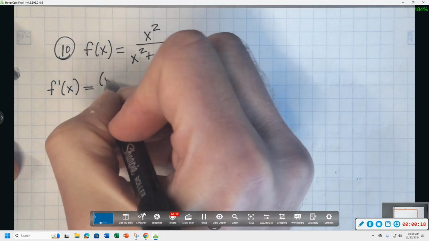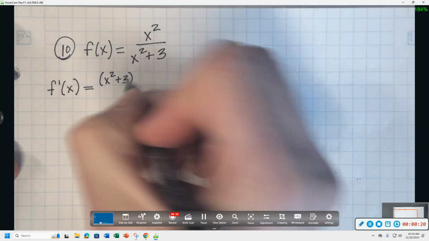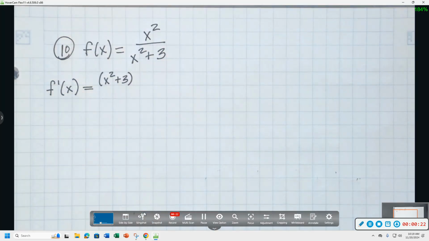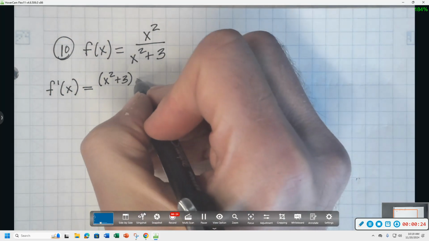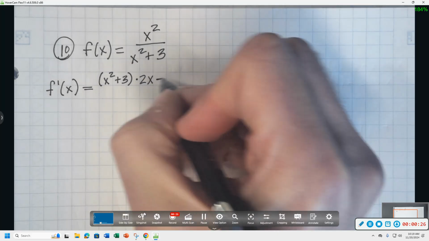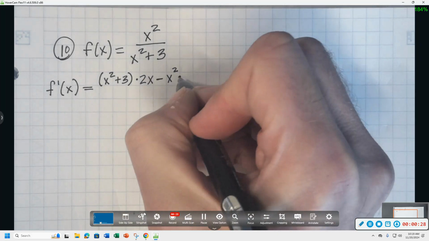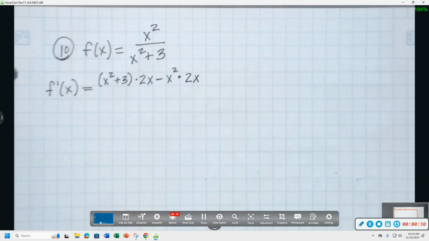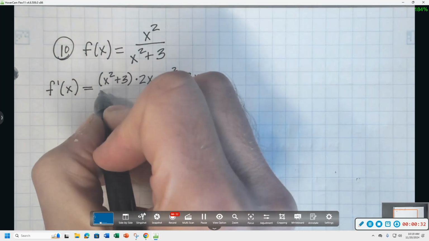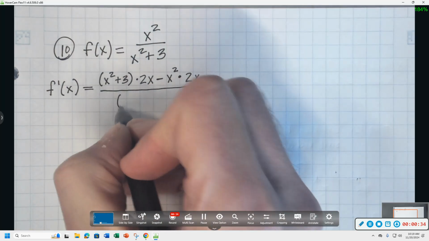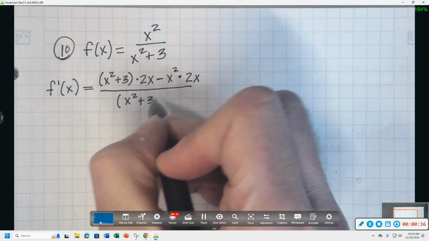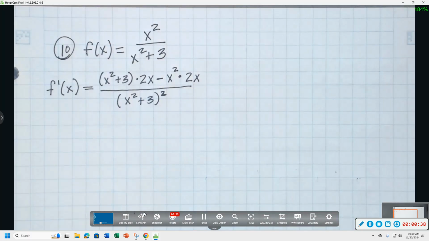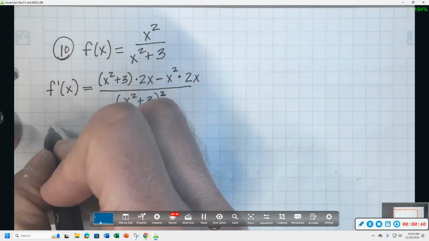So denominator, derivative of the numerator, minus numerator, derivative of the denominator, over denominator squared. Okay?